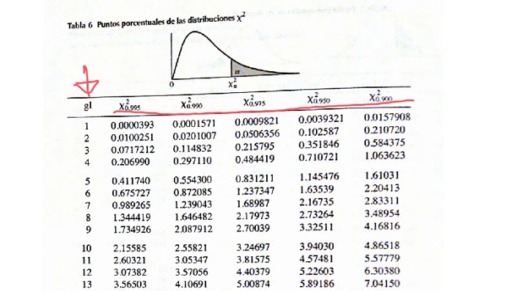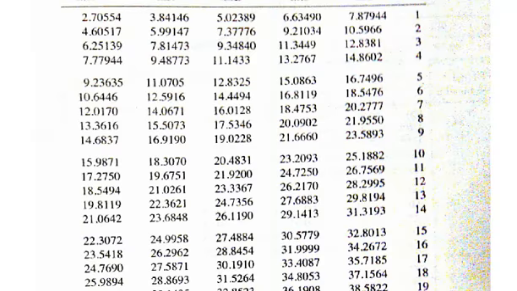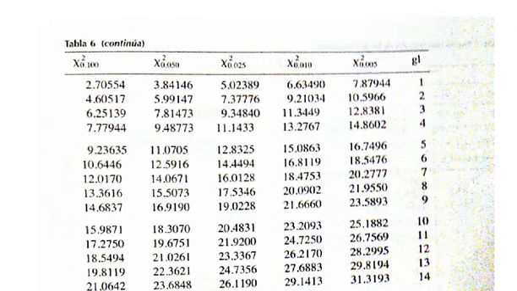In this one, we need the 0.95, that it's here, and again 5 degrees of freedom, so this is the number that we are going to use, 1.145.